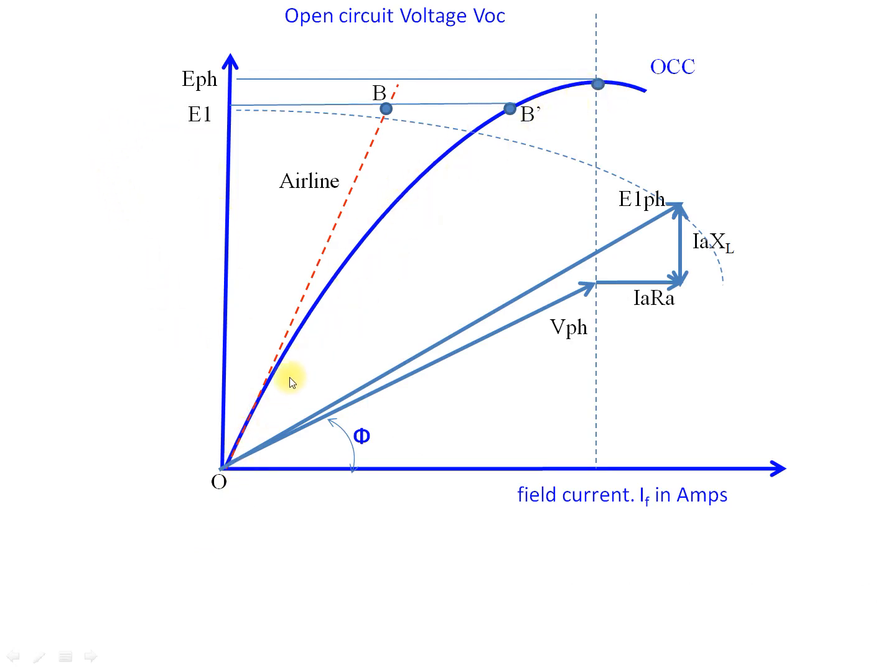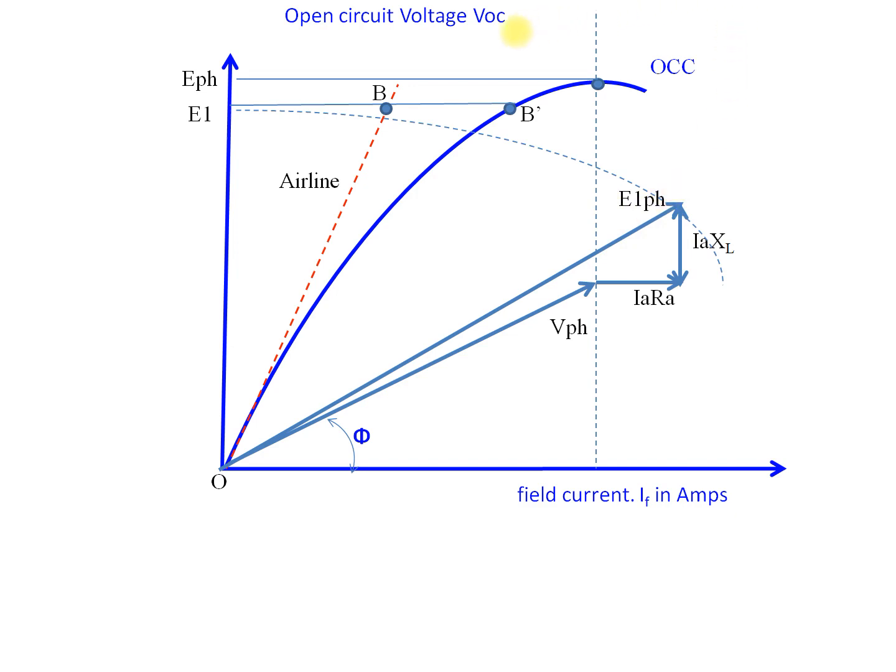In the OCC curve we will be drawing the air gap line. Since we know the value from the MMF method where we have found that E1 phase value, that will be equivalent to the terminal voltage when the machine is open circuited.